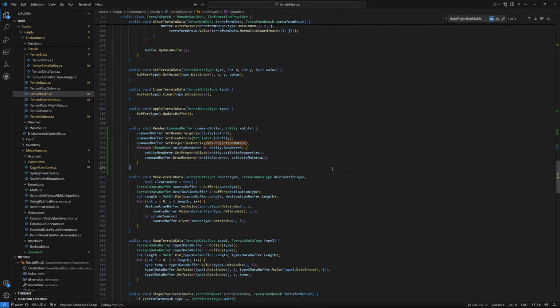So when we set the projection matrix here, we don't need to set this one every time we render. It's only the view matrix we want to set. I'm pretty sure.